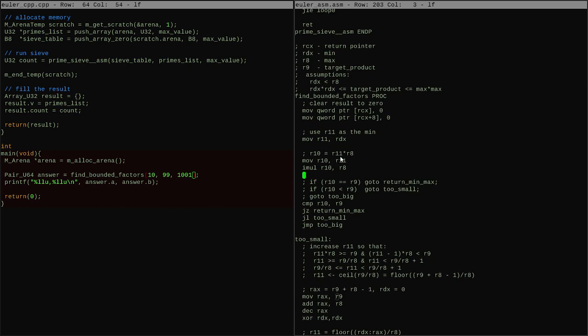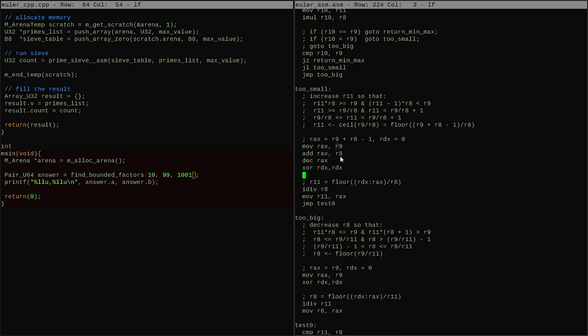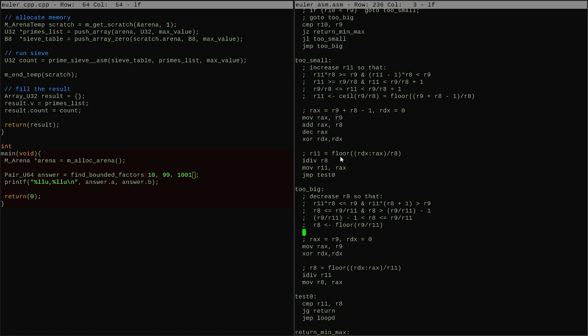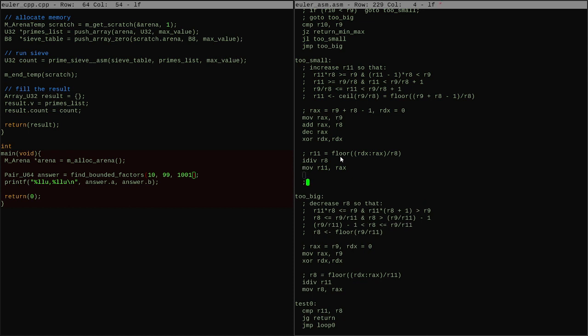But the thing we can do is one less test. Yeah, we'll push it a little farther than that. But for now, what we're going to do is say, instead of jumping to test 0, the too small case is going to go: if R11 is greater than R8, go to return.